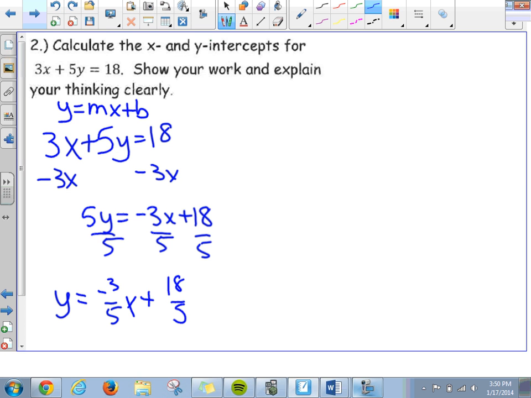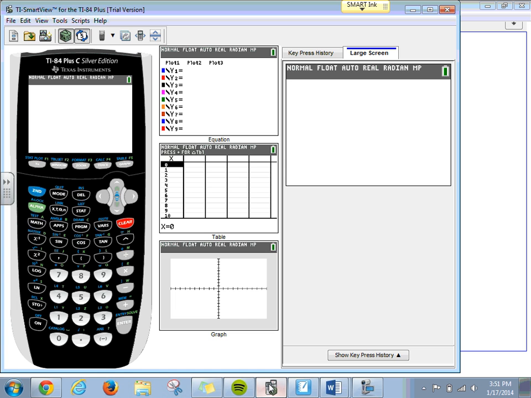Once I have it in this form, maybe what I want to do is take it to my graphing calculator. Graphing calculator is a great resource. So if I go to my graphing calculator, I'm looking to my y equals screen. Sorry, it looks like my calculator is freezing.